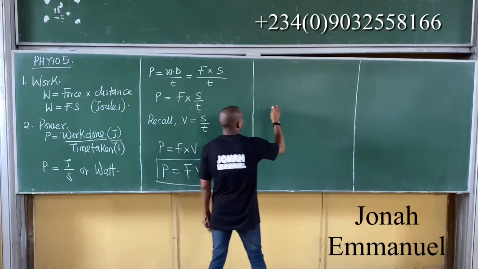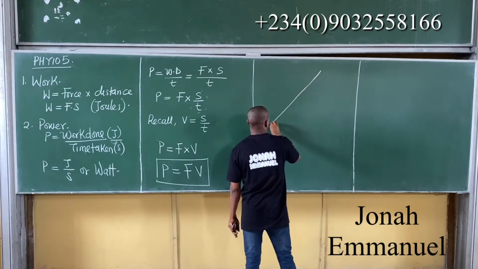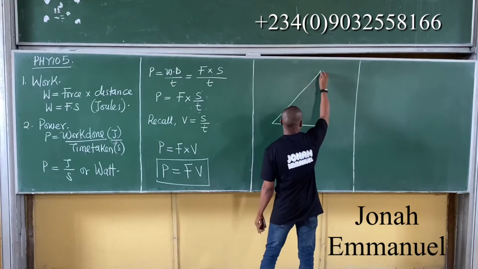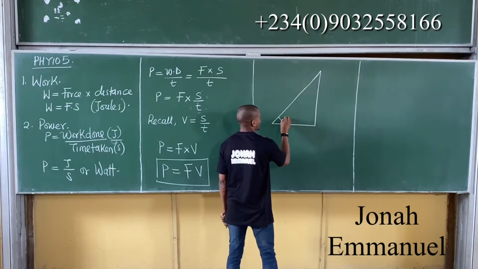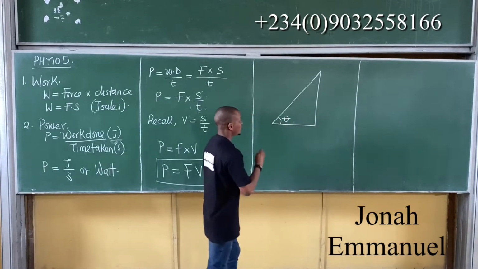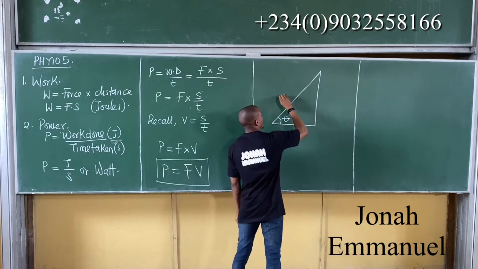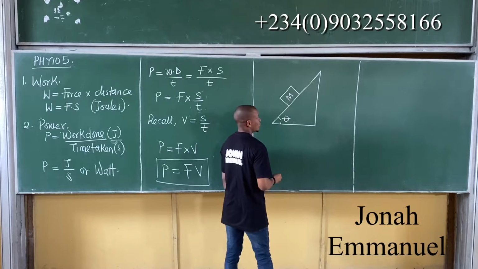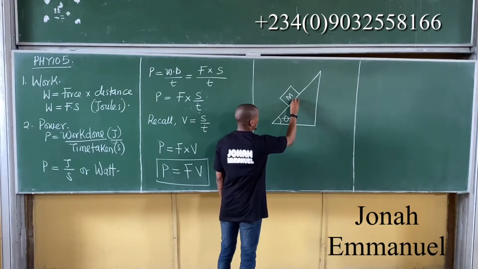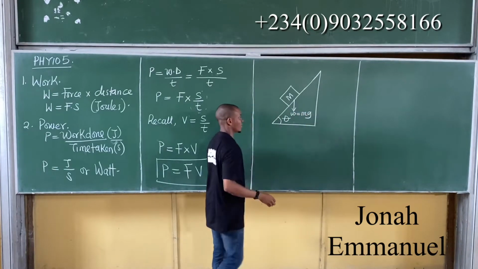Here's an inclined plane, and let's say we have this angle here as theta. If I have an object of mass m placed on an inclined plane, of course the weight acts vertically downward, so weight is equal to mass times gravity.